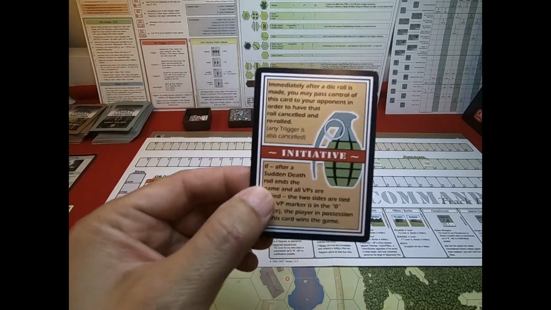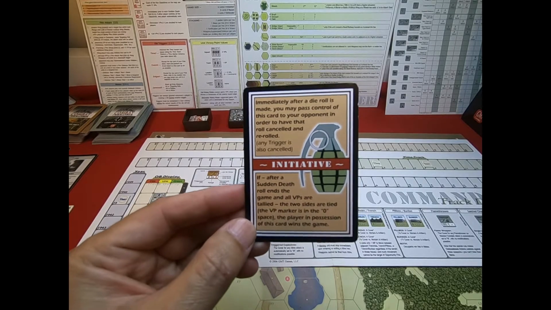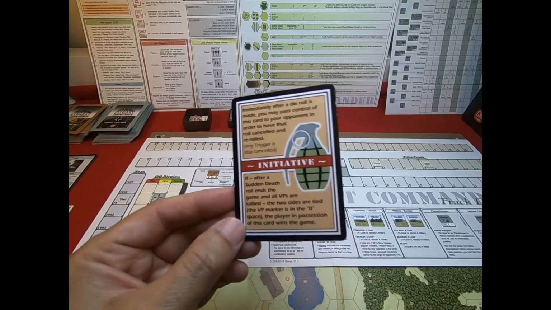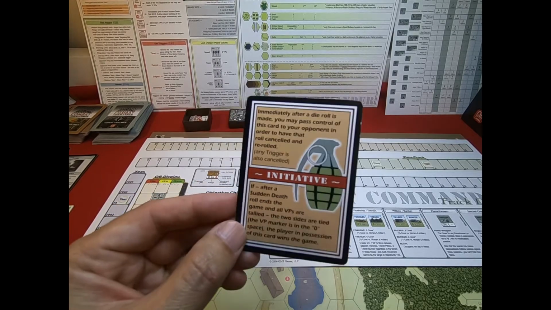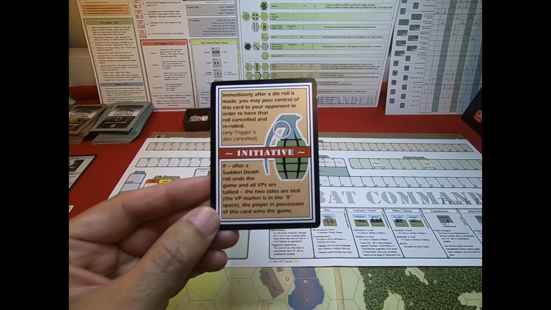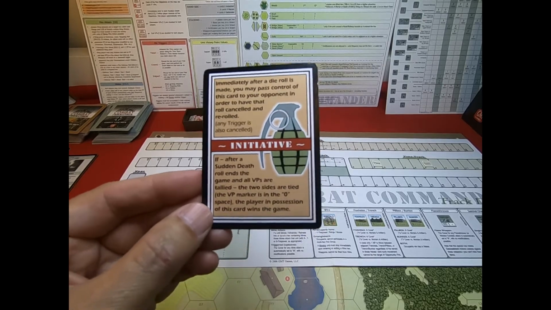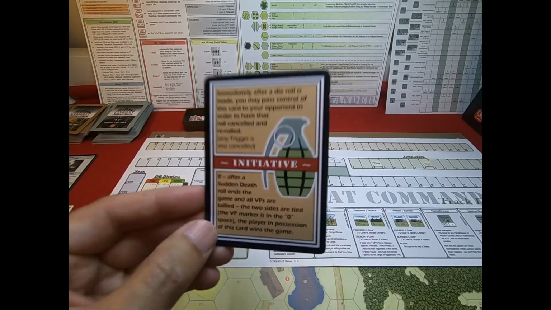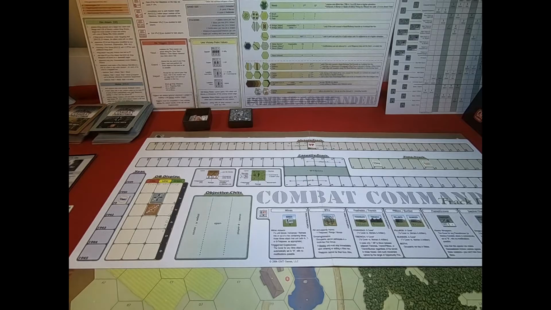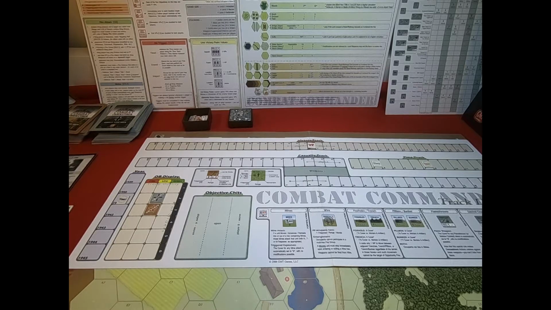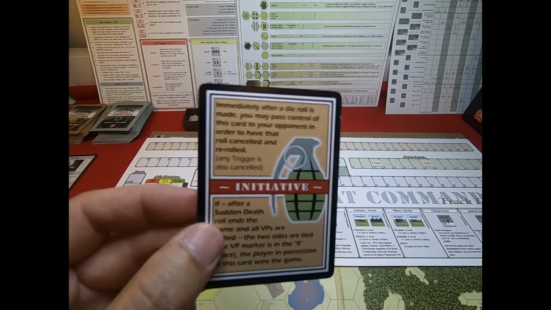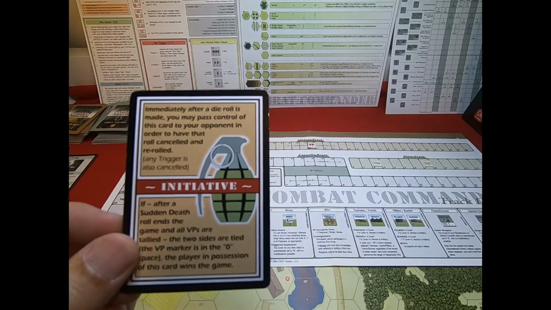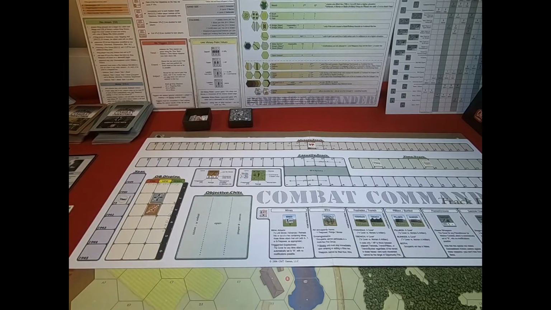The second importance of this card is at the end of the game. Why? Because the owner of this card, in case of a tie game, is declared the winner. So please remember the importance of the initiative card. Obviously, when a player plays the initiative card, he has to give the opponent this card.